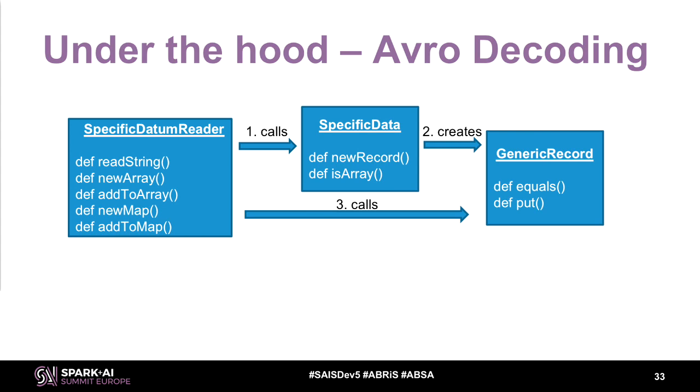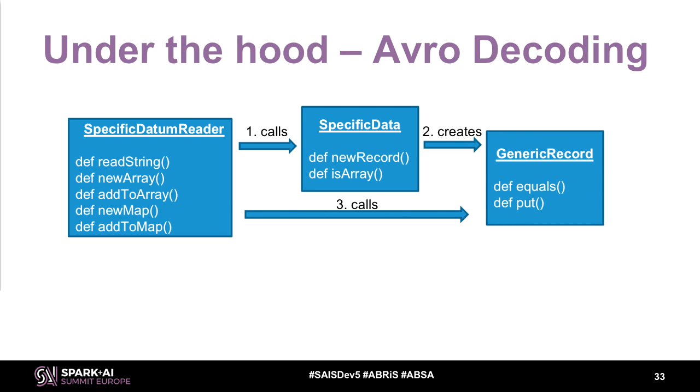Okay, so basically, among several other things, I think that the most important abstraction that we can present here is these are the three main classes involved in generating Avro records. So this is specific data reader, specific data, and generic record. These three classes belong to Avro's official library.